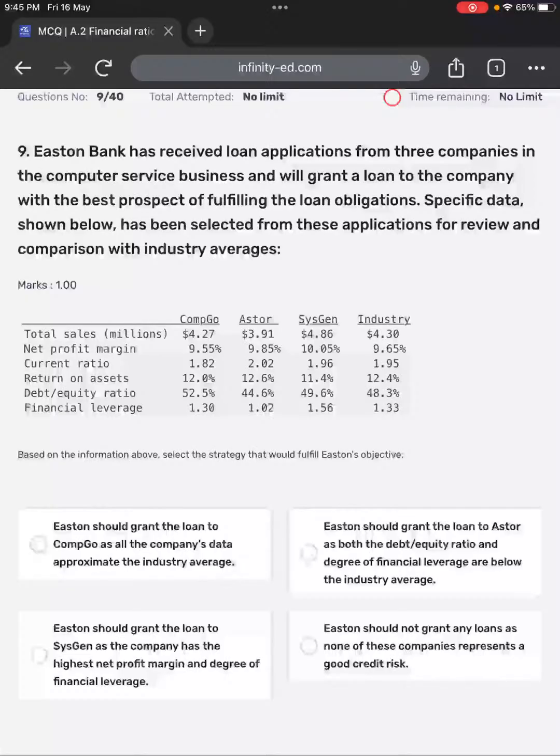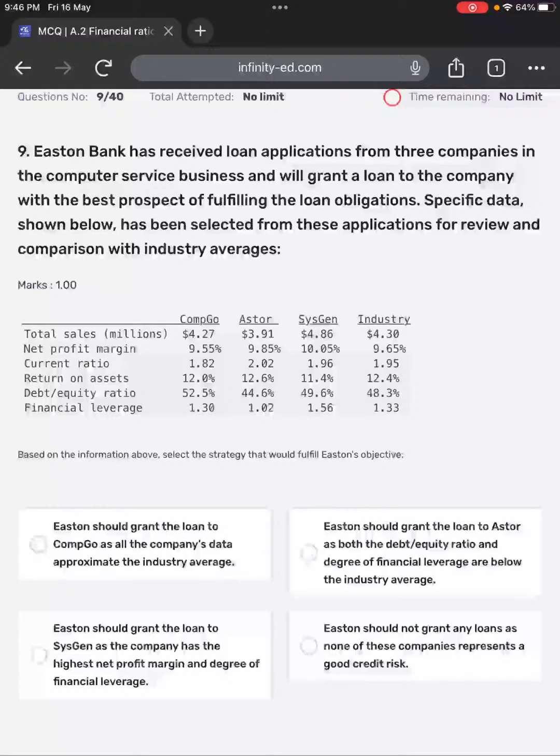The specific data shown below has been selected from these applications for review and comparison with industry average. Option A says Stone should grant the loan to company Go as all the company's data approximate the industry average.